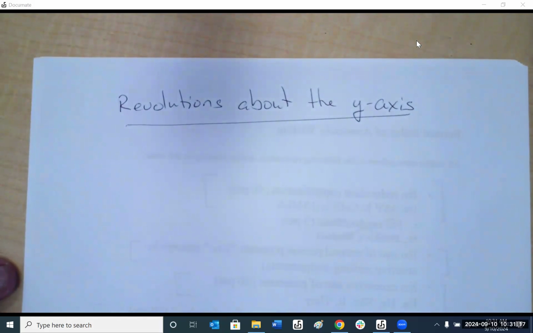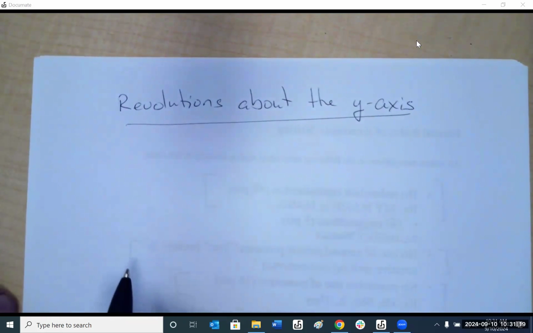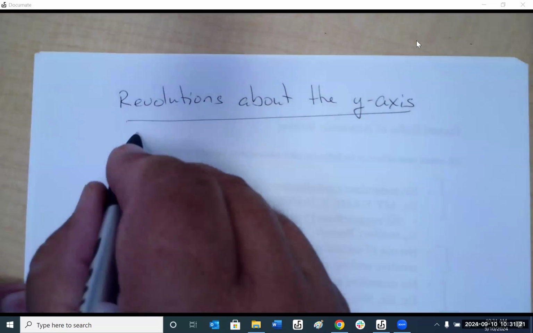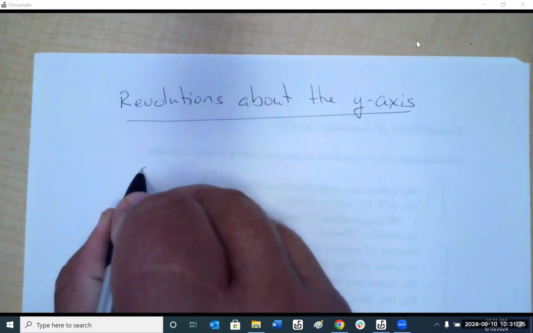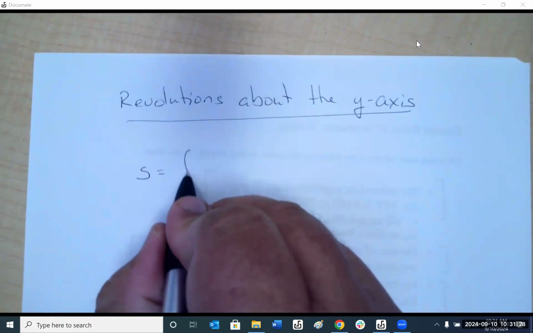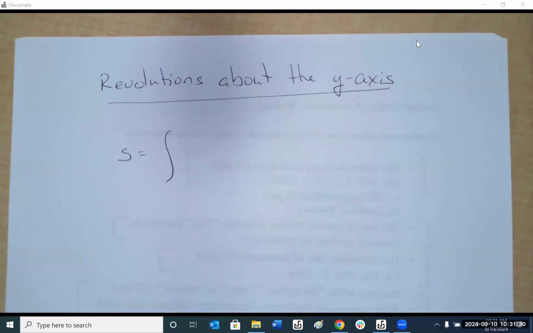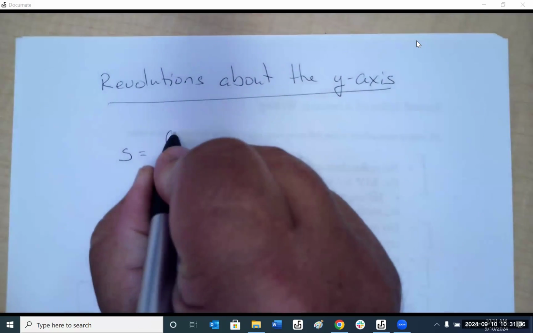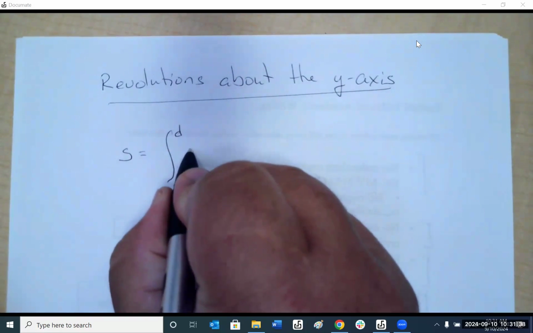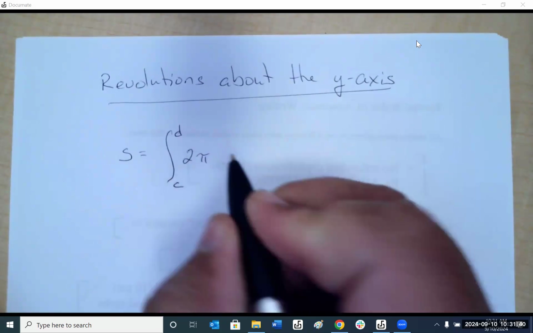We just did one about revolution over the x-axis. Now let's look at the y-axis. Let's see what changes here. Instead of A to B, it becomes C to D. The 2 pi stays the same.